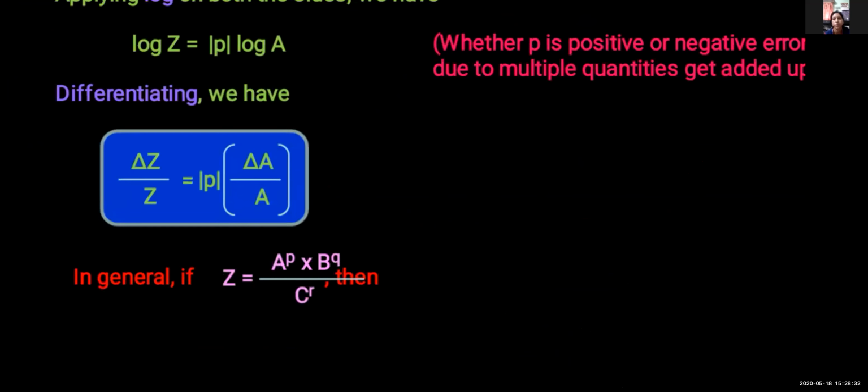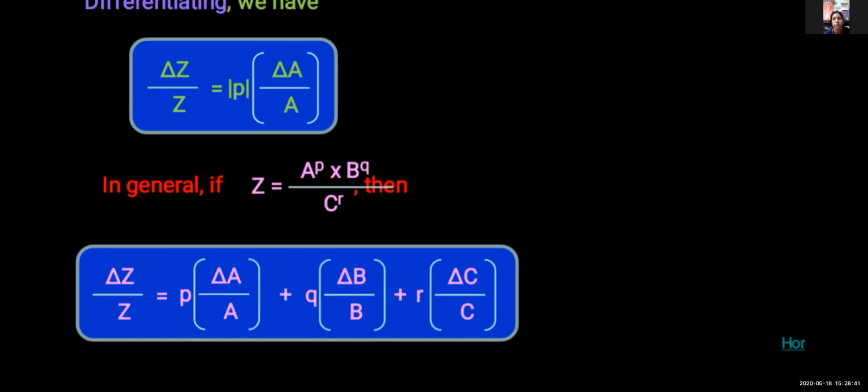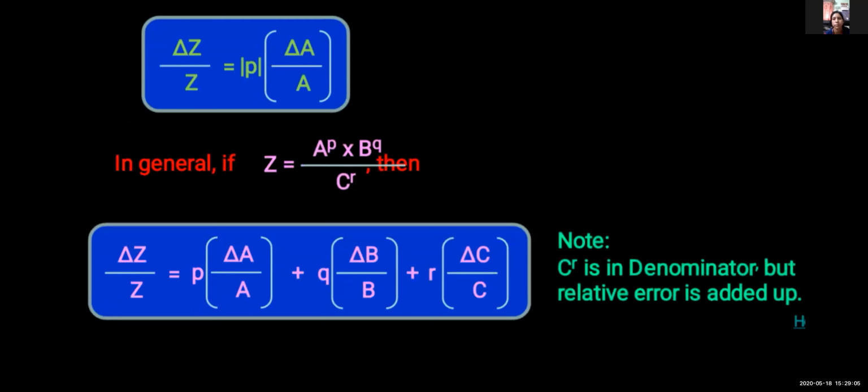In general, if Z equal to A raised to power P into B raised to power Q upon C raised to power R, and you are asked the relative error in this quantity Z, then the relative error is given by delta Z upon Z equal to P delta A upon A plus Q into delta B upon B plus R into delta C upon C. I hope this is clear to you.